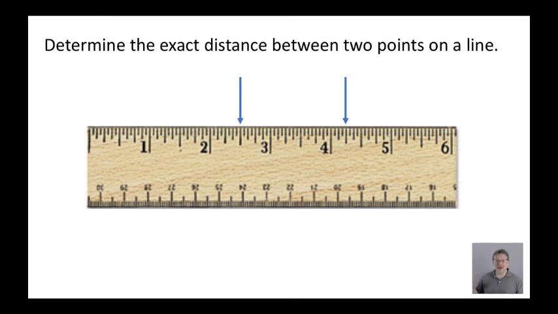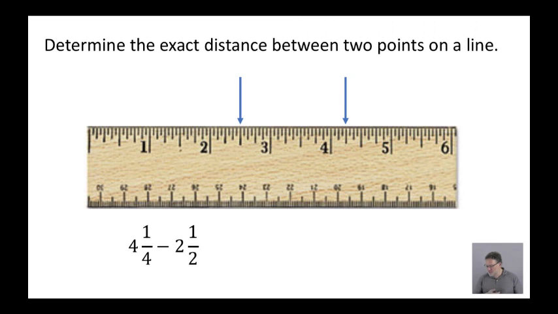So with that in mind, it's pretty clear what we have to do here. Now that the numbers are a little more complex, the process is still the same. We have one arrow sitting at 2.5 inches, the other one sitting at 4 1/4 inches, and so the appropriate thing to do is to subtract one from the other to get the distance between them.